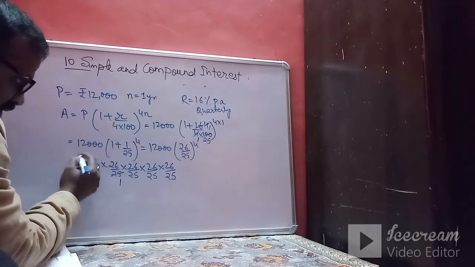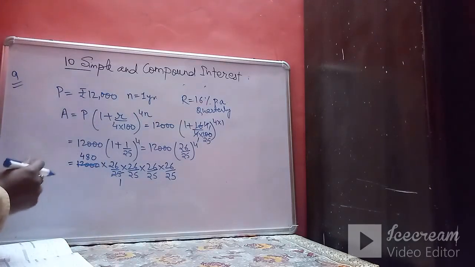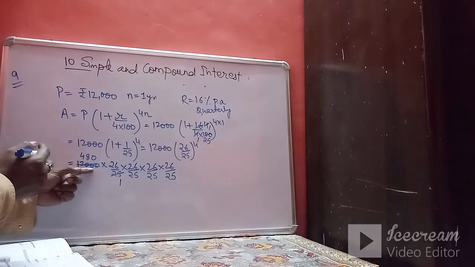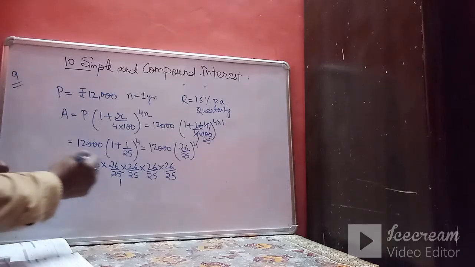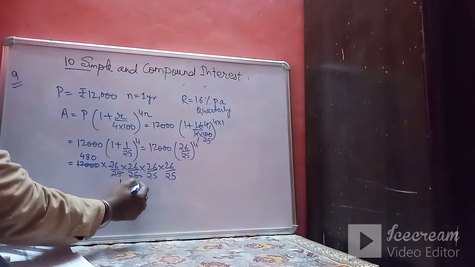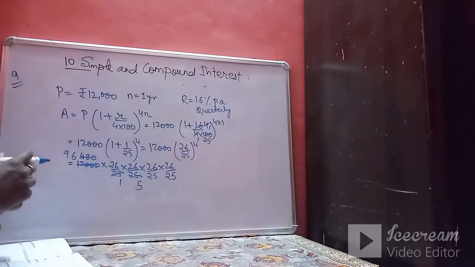25, we can solve it like this. Then 5 into 5, 5 nines are 45, 5 sixes are 30. Now it cannot be simplified further.